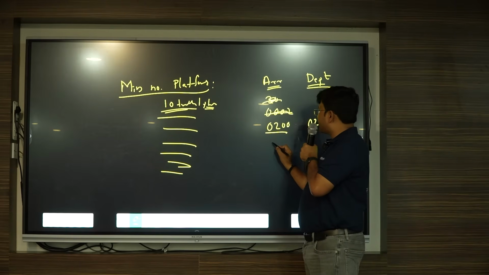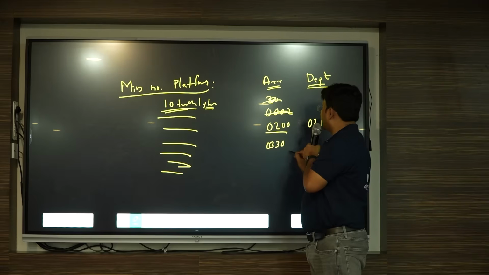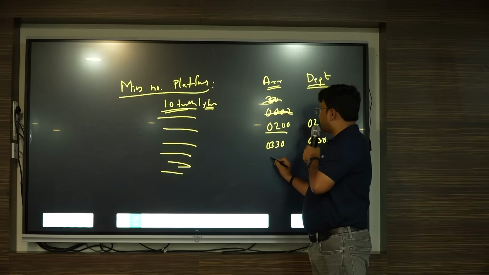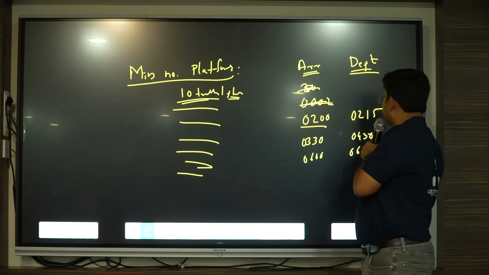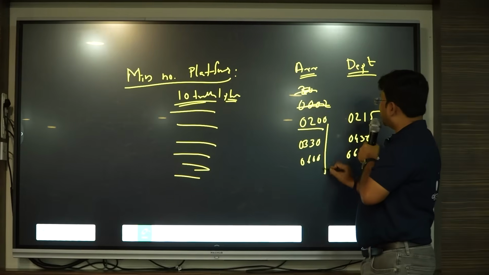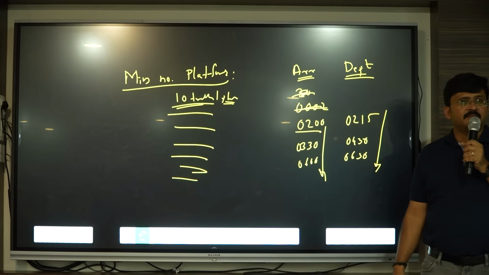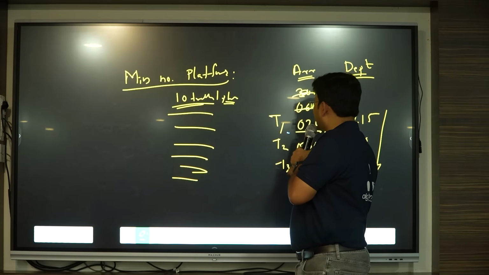The other train arrives at 3:30 and leaves at 4:30. The next train arrives at 6 a.m. and departs at 6:30. So like this you will get the arrival time and departure time of each train. Let's say this is train 1, train 2, train 3.